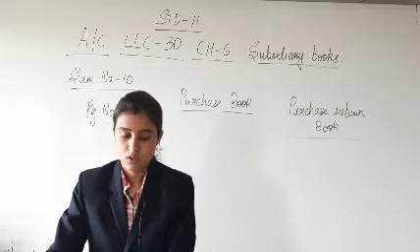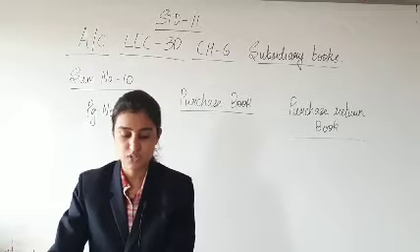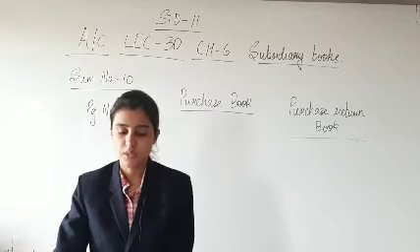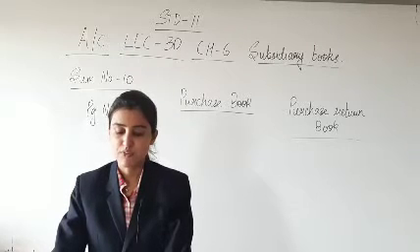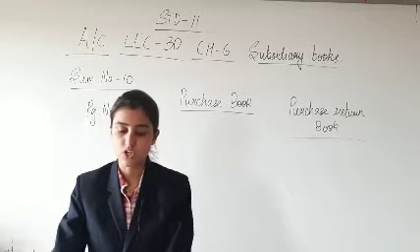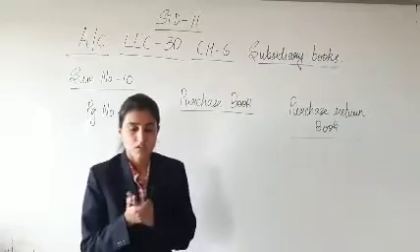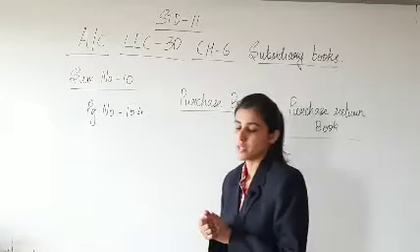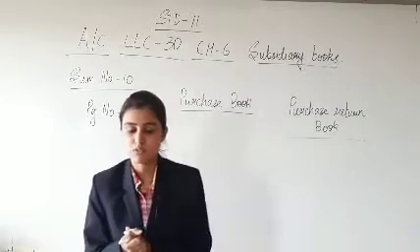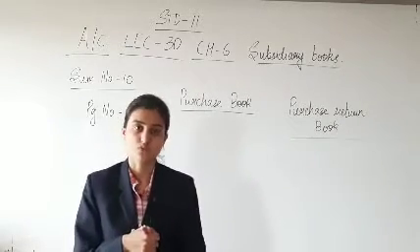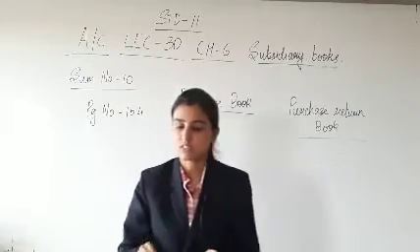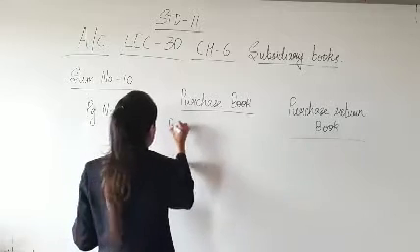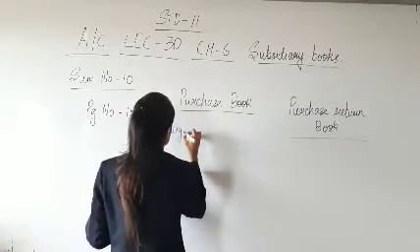So yes, on 1st of January 2018, goods purchased of rupees 1 lakh at 5% trade discount from Punjab stores. So goods have been purchased of rupees 1 lakh at 5% trade discount from Punjab stores. Of course, this transaction will be recorded in purchase book, Punjab stores account.